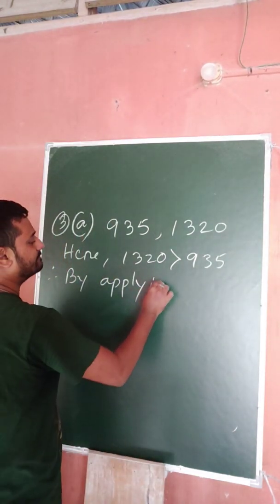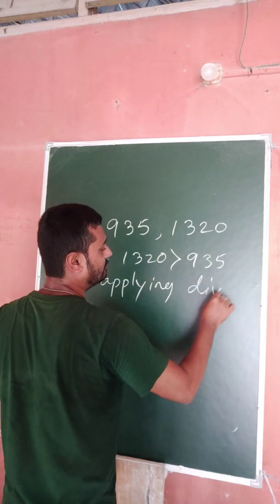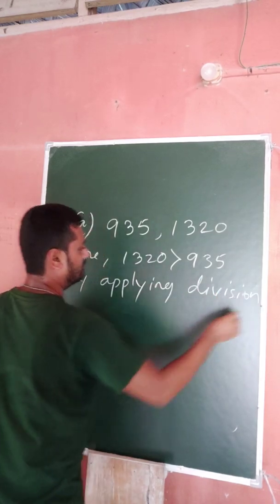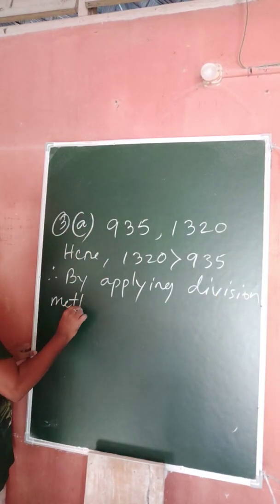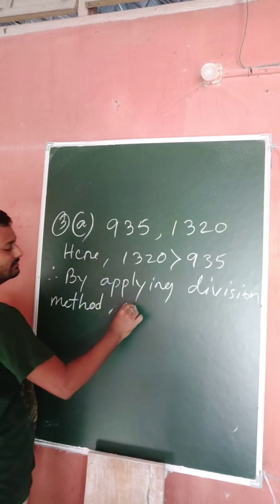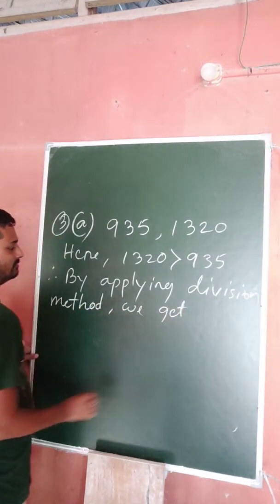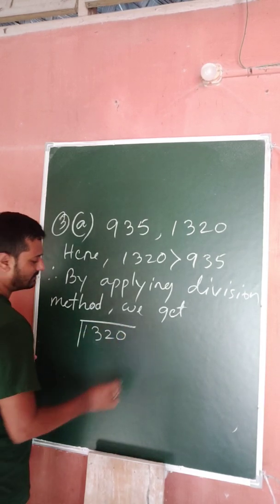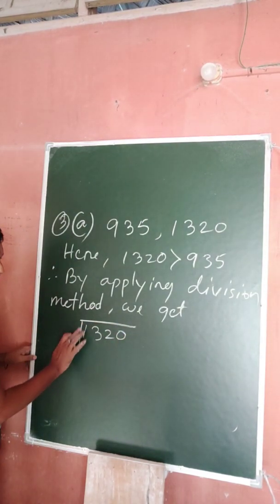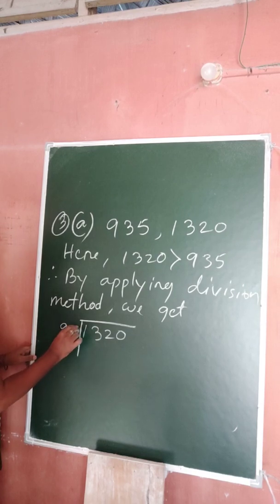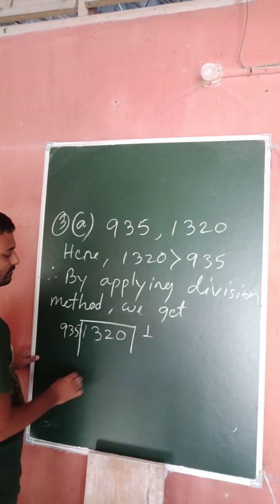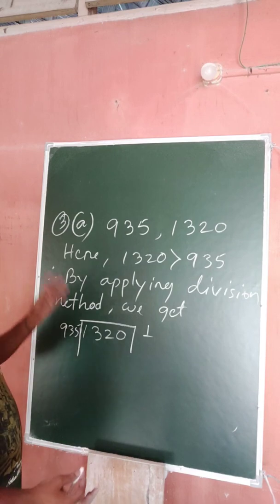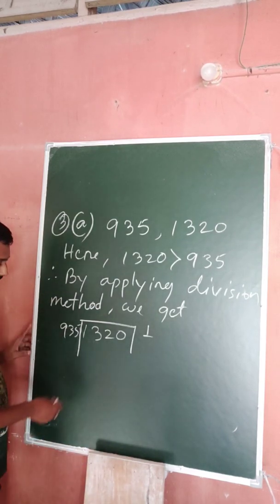By applying the division method, 1320 is the dividend and 935 is the divisor. 935 into 1, obviously 935 multiplied by 2 becomes more than 1800.